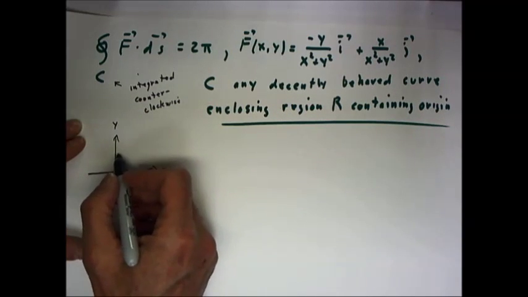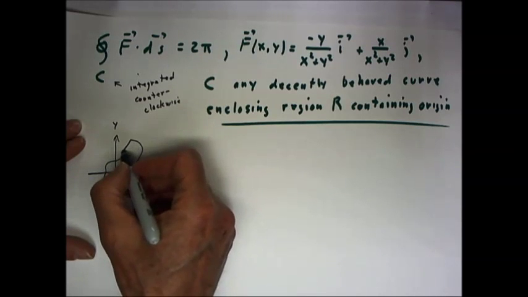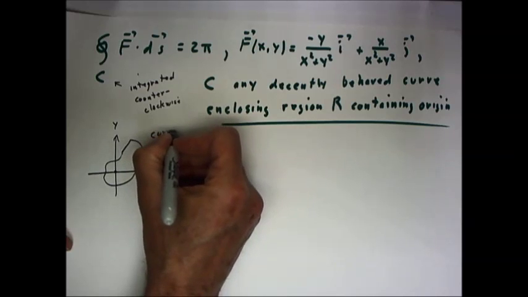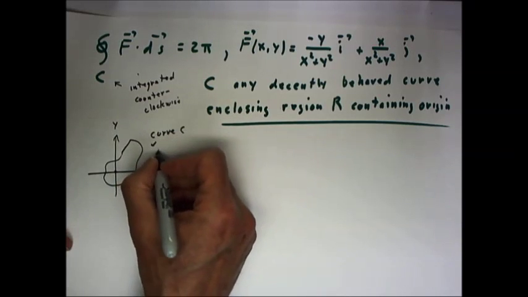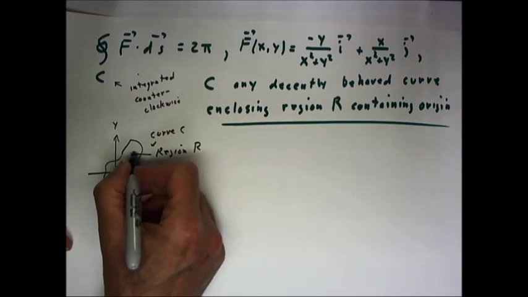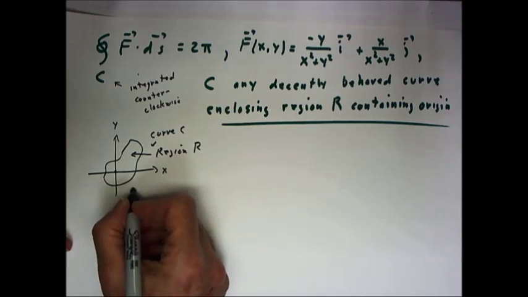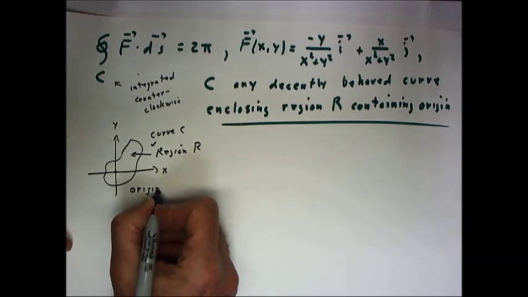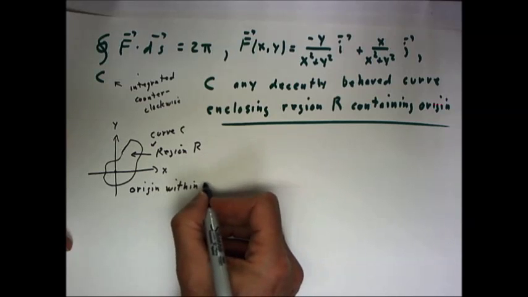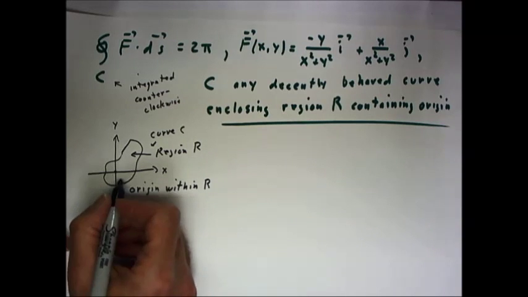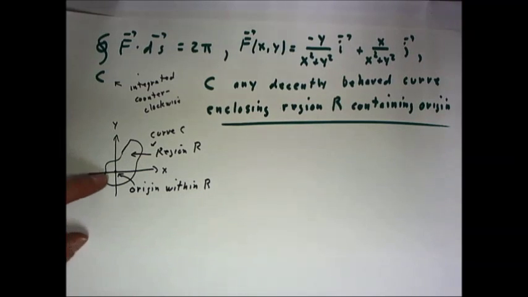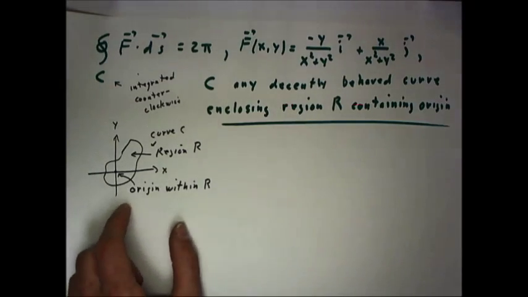That means, very simply, that the curve bounds some region R, and the origin is within R. There's our origin within the region.